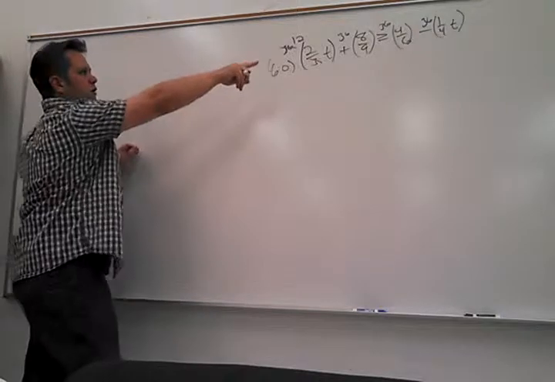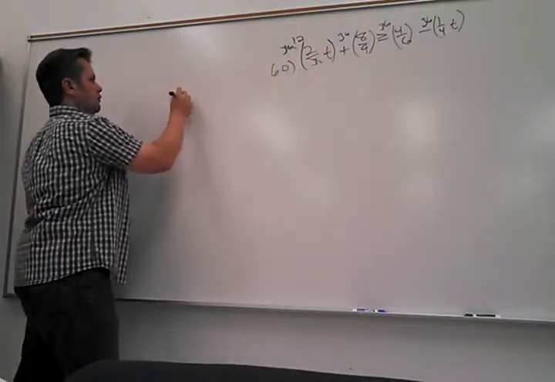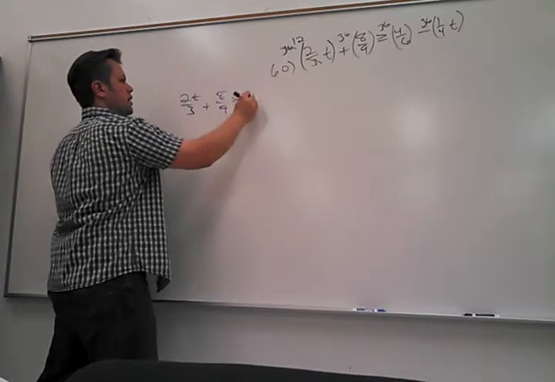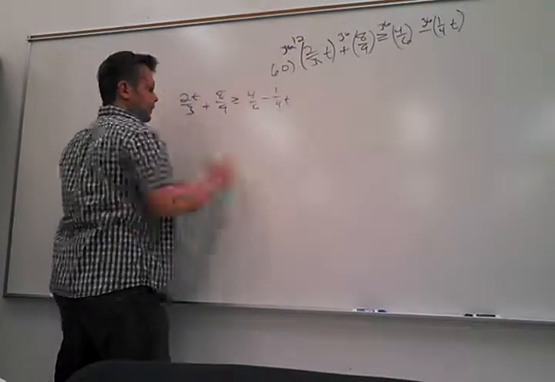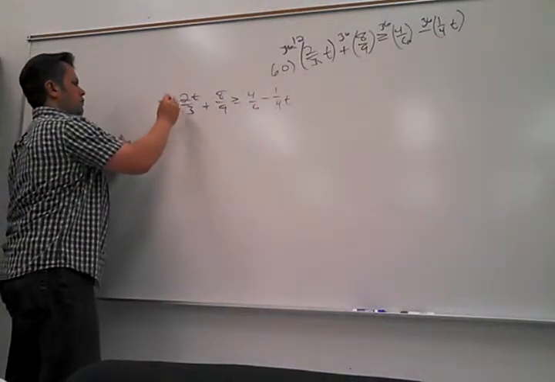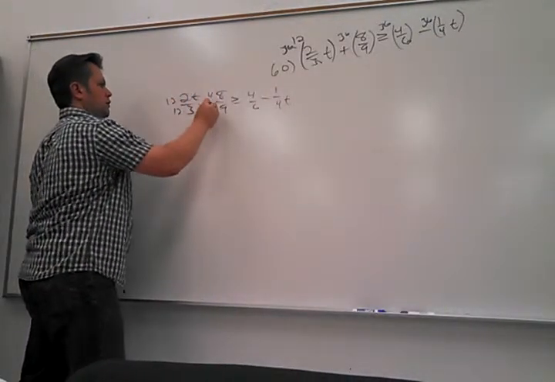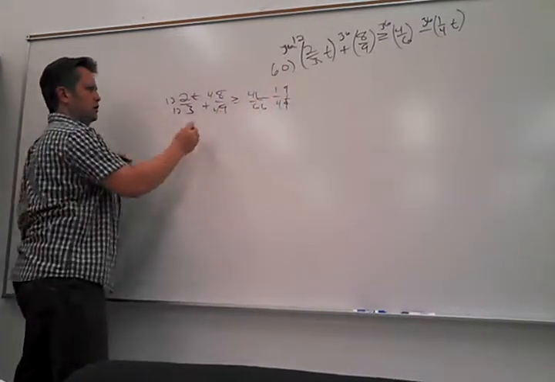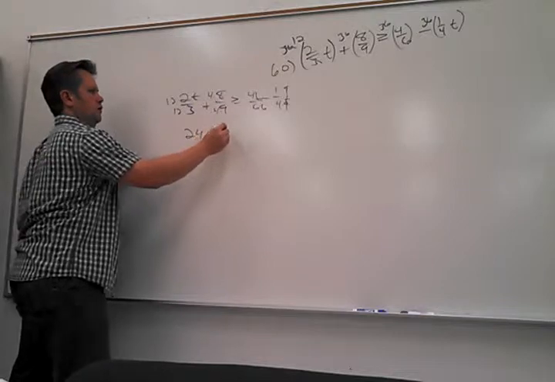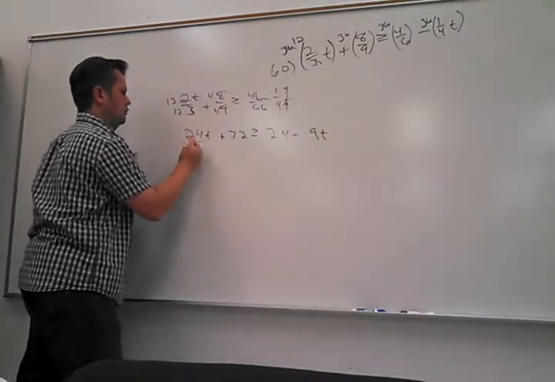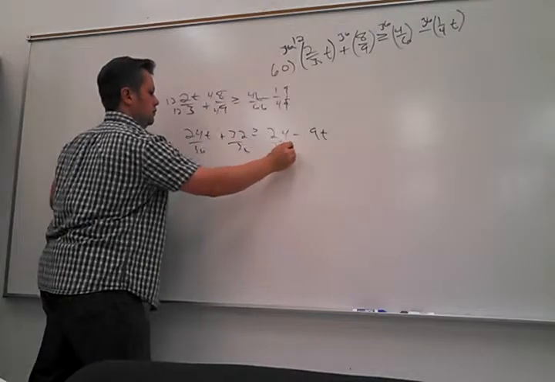So one way to do it is to multiply by the LCD all the way through. The other way to do it is to first make everybody have that LCD. So here I would multiply by 12, 4, 6, 9. Then everybody would have 36 on the bottom, right?